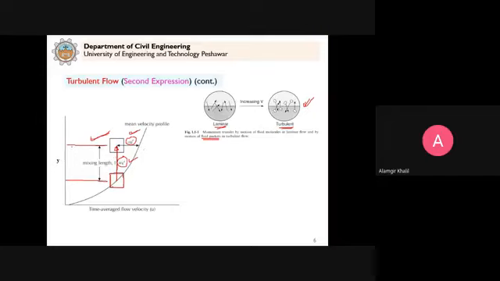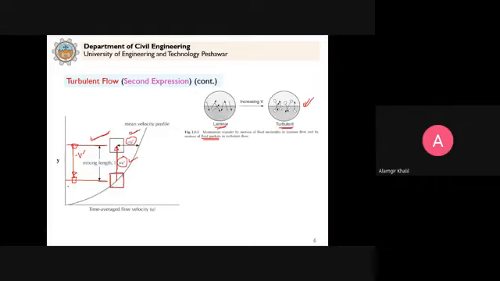And conversely, if any particle moves in this direction, then what will happen? For this case we will have minus v dash, because you move in the opposite direction, the negative y axis. But then the fluid pocket will move from a higher velocity region to a lower velocity region.